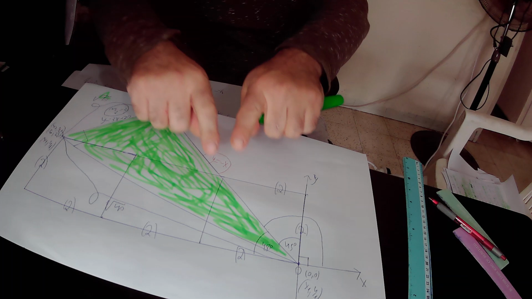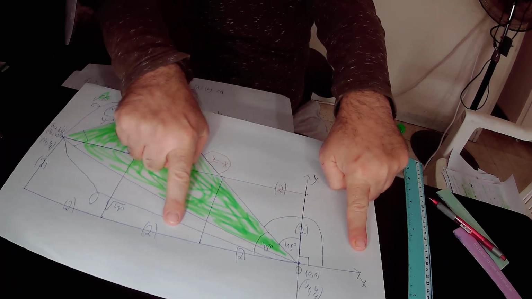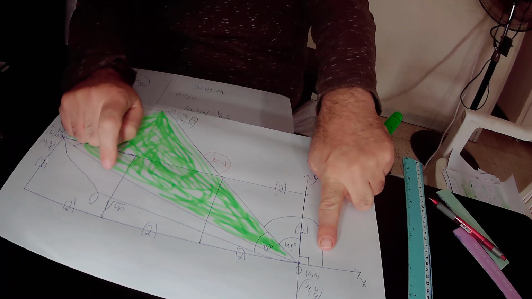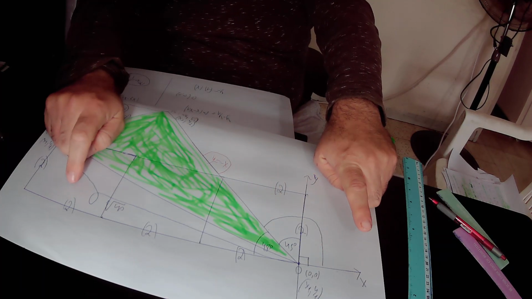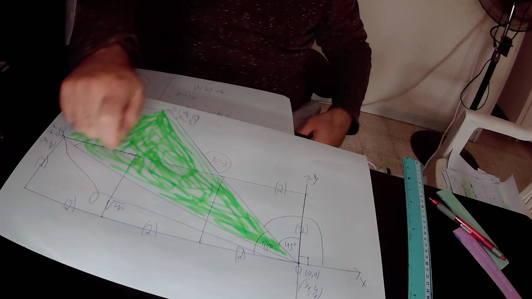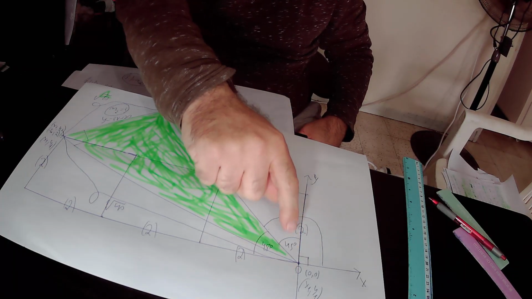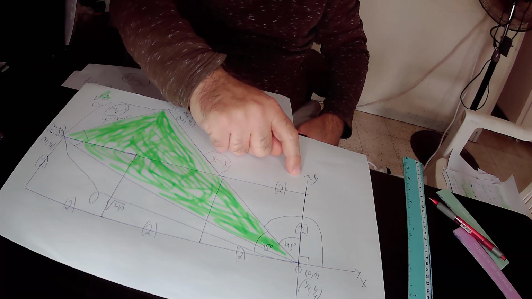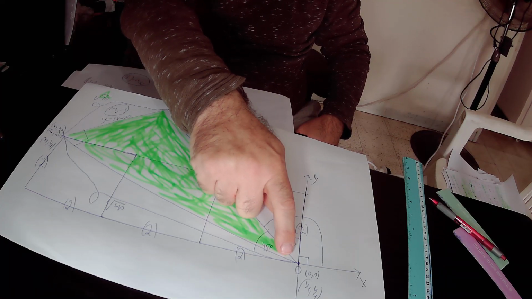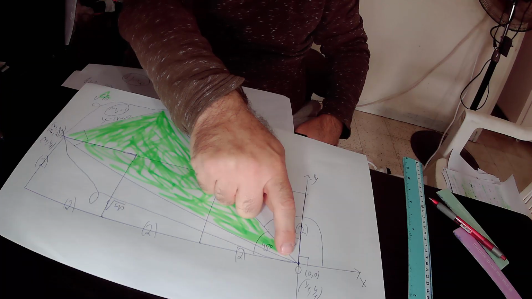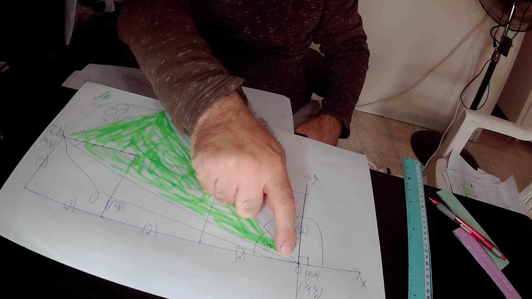That is to say, we define this line as the x-axis. This is the positive side of the x-axis, and this is the negative side. Likewise, we define this straight line as the y-axis. This is point O, that is the origin. This is the beginning of the x-axis and also the beginning of the y-axis.